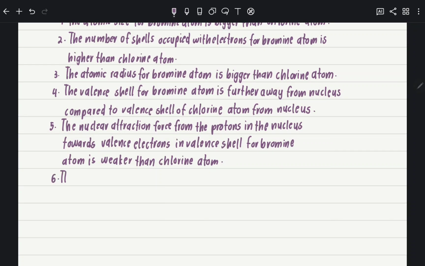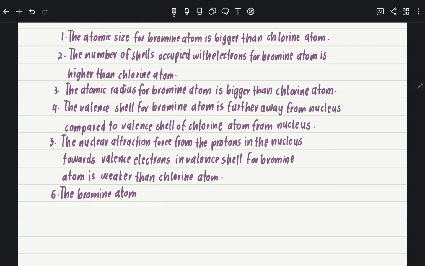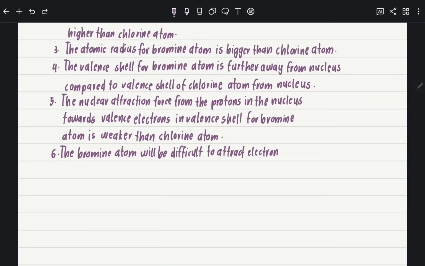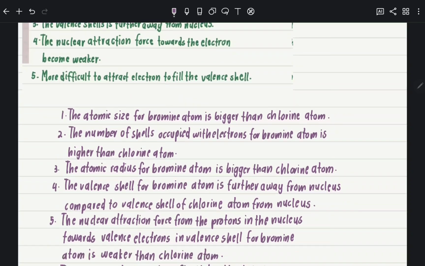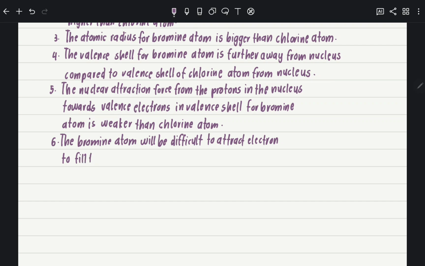So you must say the bromine atom will be difficult to attract electron, because we need one only to fill the valence shell, compared to chlorine atom. So this is the complete answer.